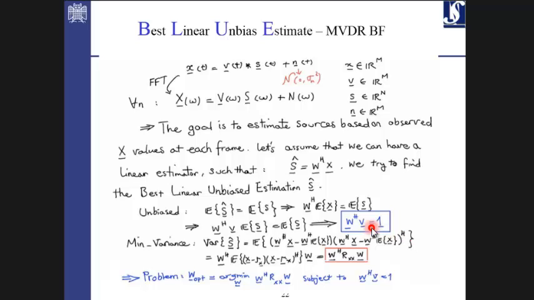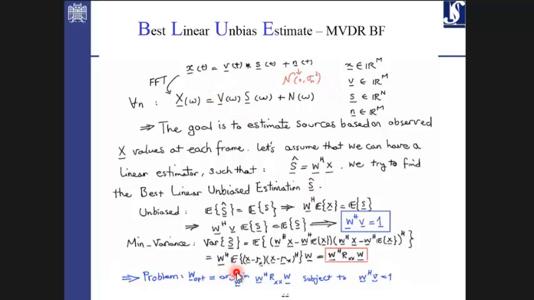But it's not all. In delay and sum beamformer, we never tried to minimize the variance, but here we go to minimize the variance. Now calculate the variance of the estimate. The variance of the estimate would be this term. So just replace the estimate S with W Hermitian X and subtract the mean of that, and then expand the X with Vs plus noise.